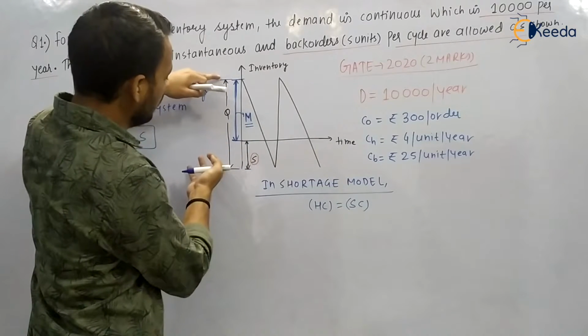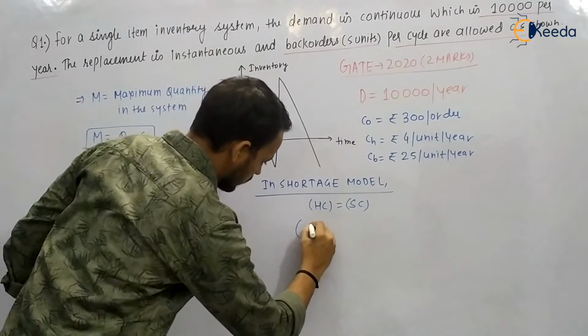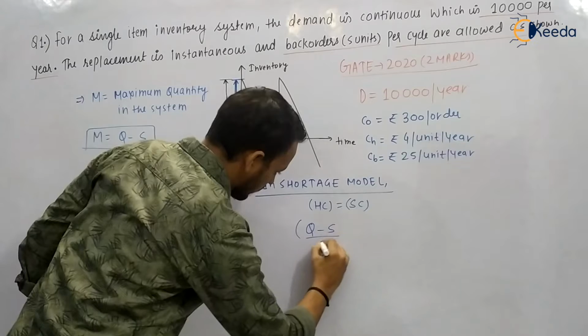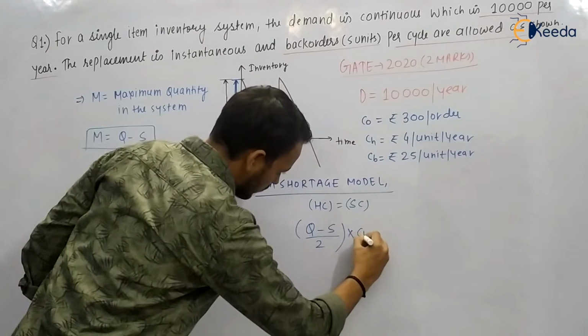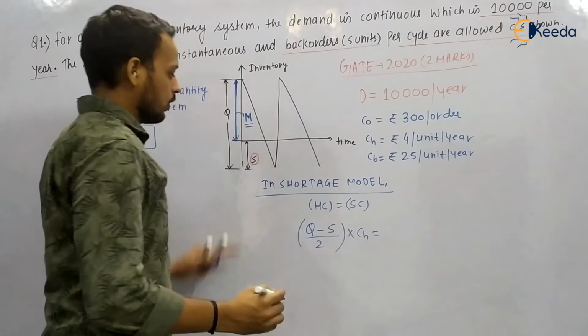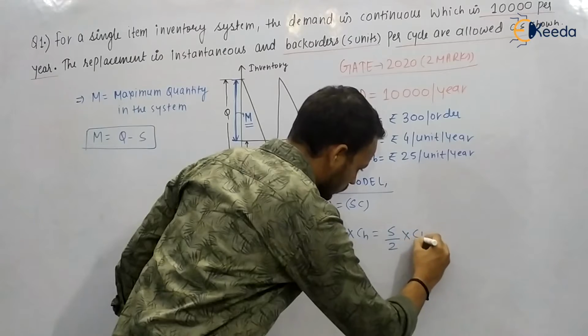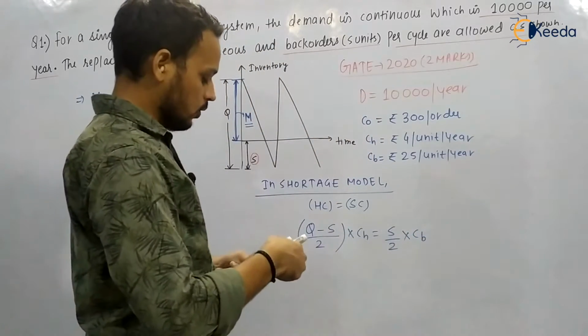So you are only going to hold Q minus S. This is M. So the holding cost is (Q minus S) by 2 into CH, because it is average. And the shortage cost or back ordering cost is S by 2 into CB.